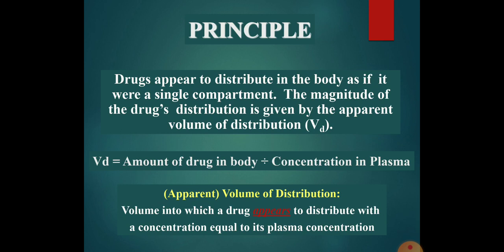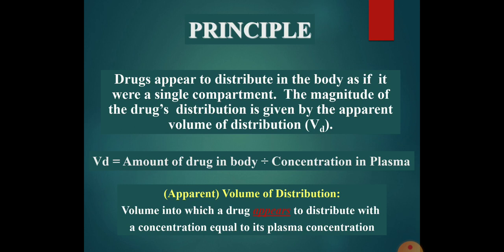The magnitude of the drug's distribution is given by the term called apparent volume of distribution, which is abbreviated as VD, and VD is expressed as the amount of drug in the body, which is basically the dose of the drug, divided by the plasma concentration at that particular hour.